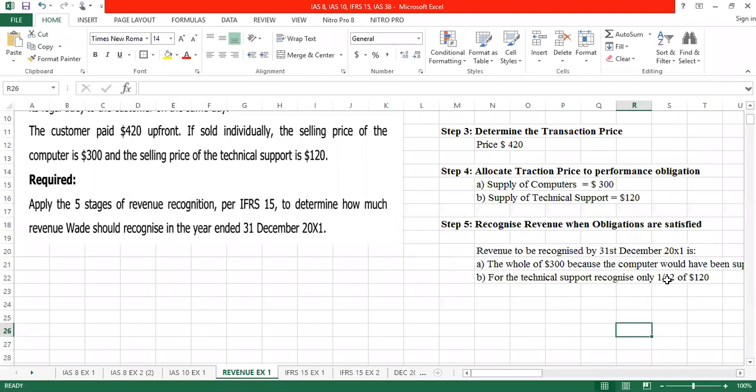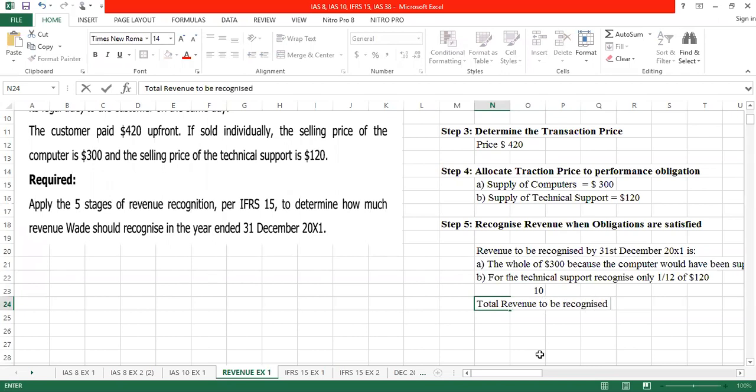So for technical support, recognize only 1/12 of that, which is equal to 1 divided by 12 times what? 120. So it gives you what? 10. So what is the total revenue? Total revenue to be recognized is equal to 300 plus 10. So that gives you how much? 310. I believe everyone has understood what you have done there.